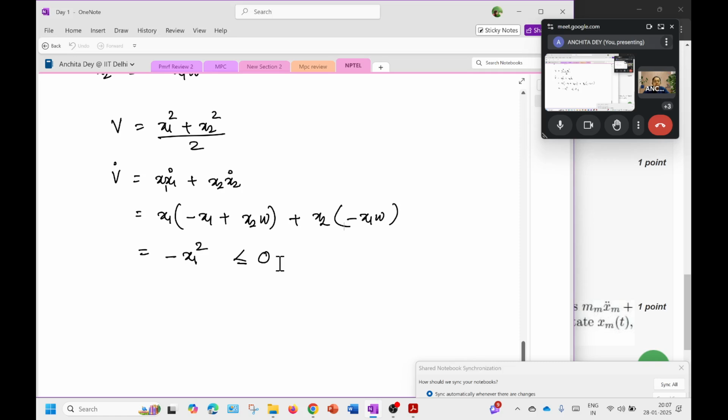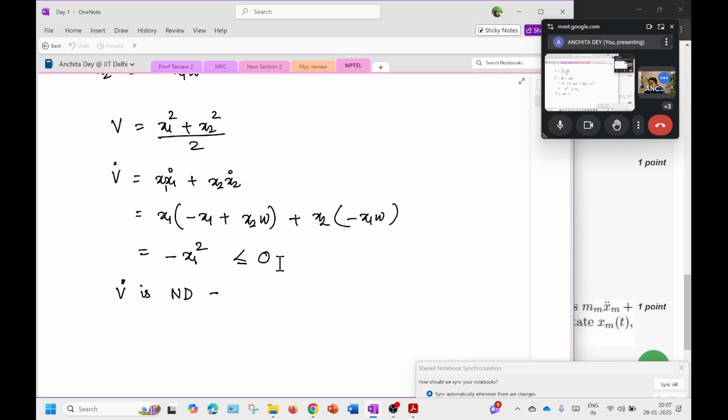I hope it's clear. Can you tell me the definition of negative definite? What's the definition if I say V dot is negative definite? What do I mean? It means that V dot is less than 0 everywhere, right? And V dot of 0 comma 0 should be equal to 0.